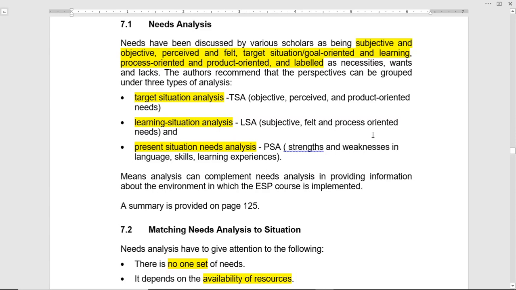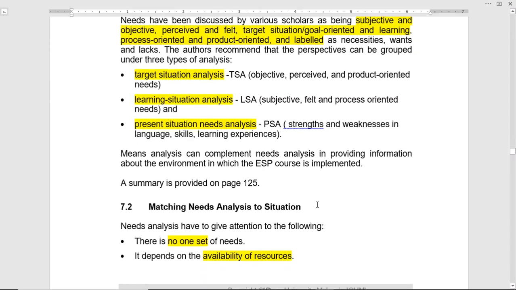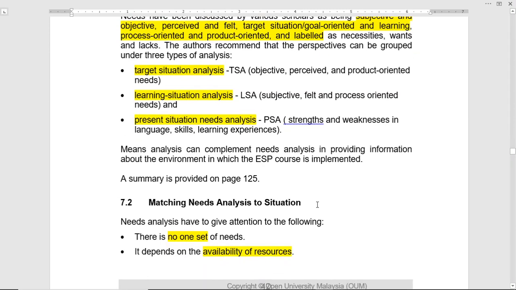Then the present situation needs analysis, strengths and weaknesses in the language at the moment, skills and learning experiences. So then we also go to matching needs analysis to situation.